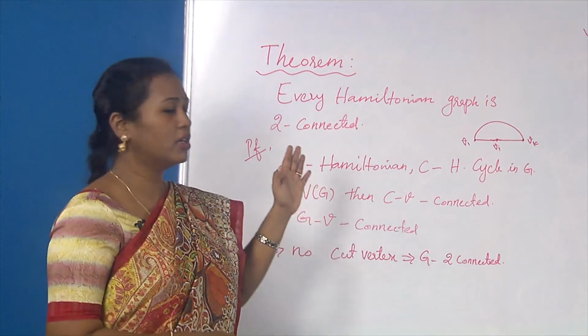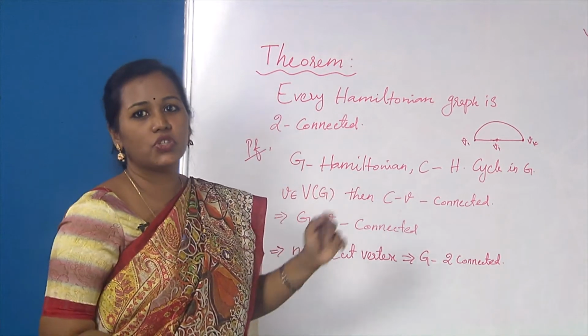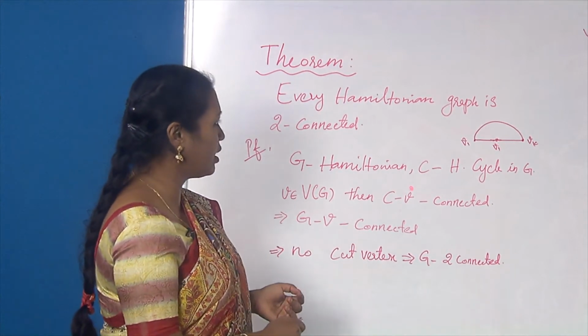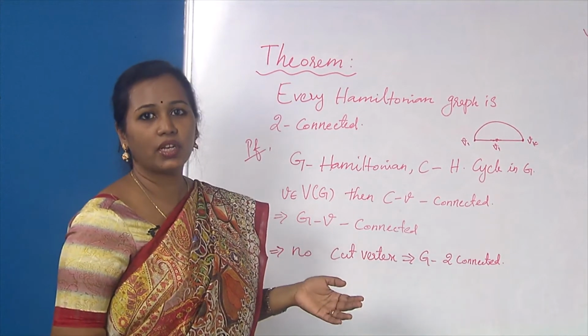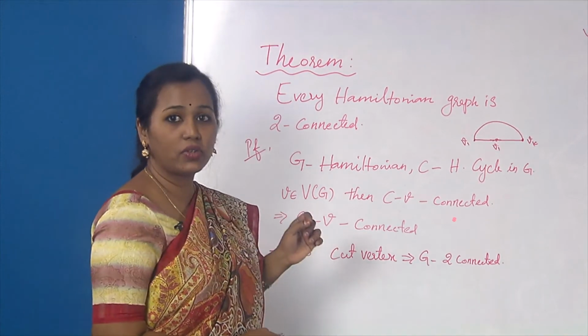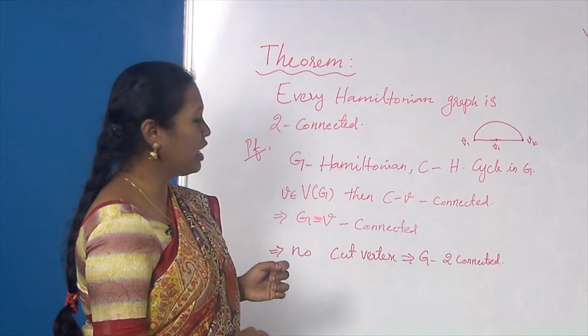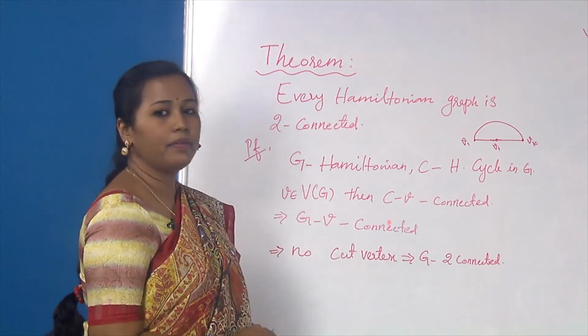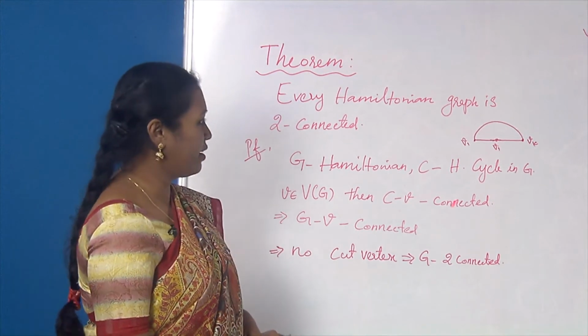Now we are going to show that a Hamiltonian graph is two connected. The proof is that let G be a Hamiltonian graph. Then there is going to be a Hamiltonian cycle. Let us call the Hamiltonian cycle C, and let V be any arbitrary vertex in G. Since C is a cycle, C minus V is connected. How is that?